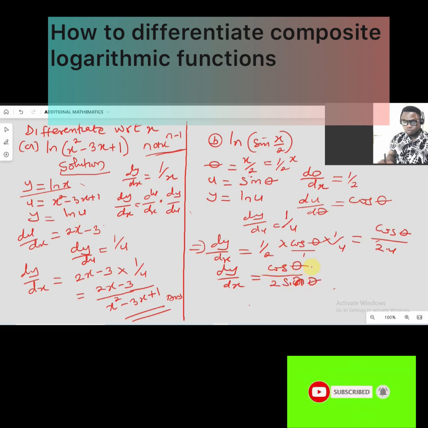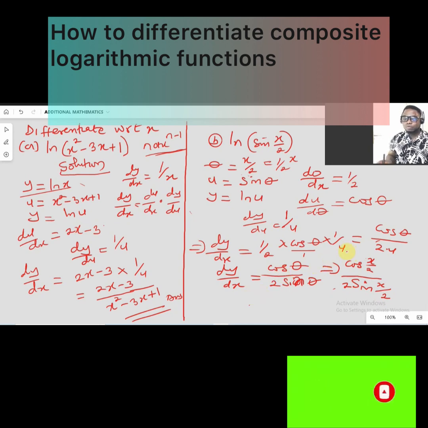But you know that from this expression, theta is x over 2. So I'm going to write cos x over 2, replacing theta with x over 2, divided by 2 sine x over 2.